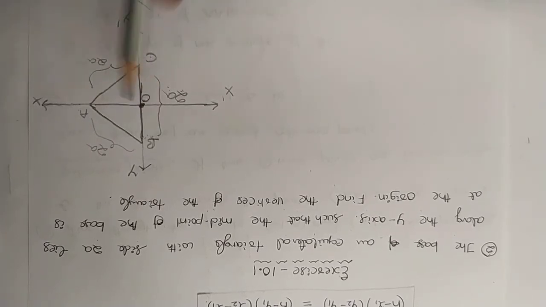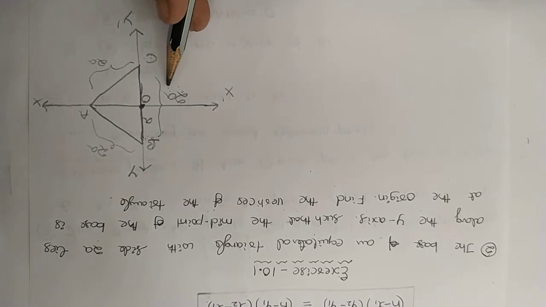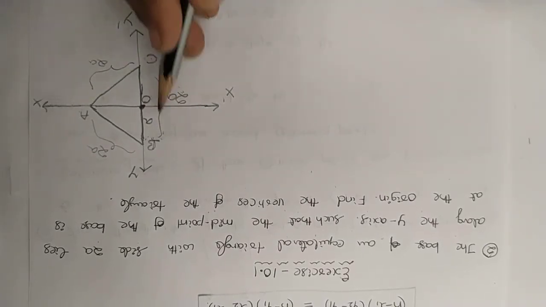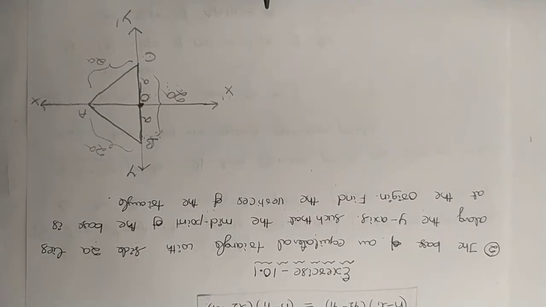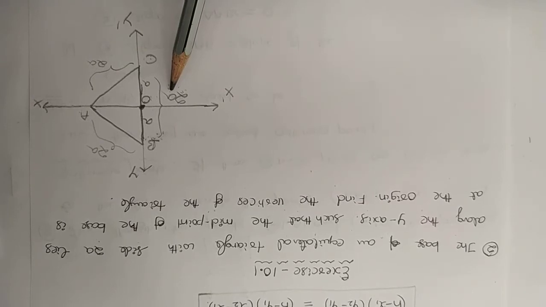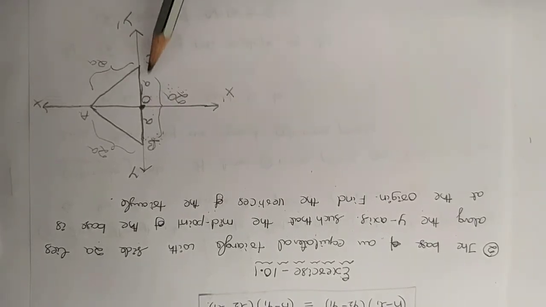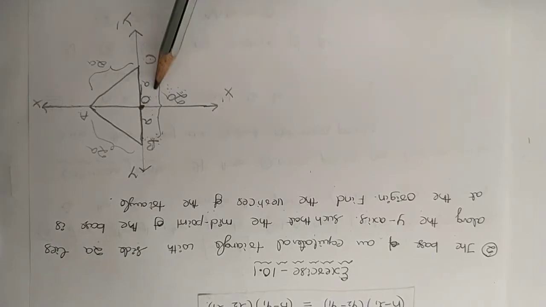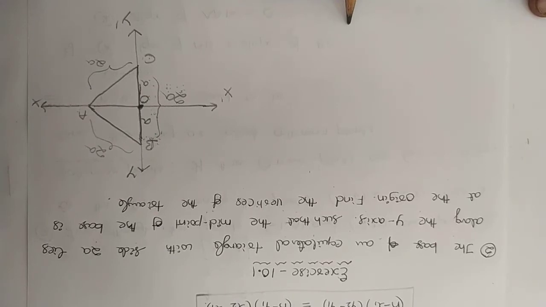It is 2a only. The length of OB is a. Do you understand? Once again, the length of BC is 2a. What about the length of OB? It is a only. The length of OC is a. a plus a is 2a. Right?